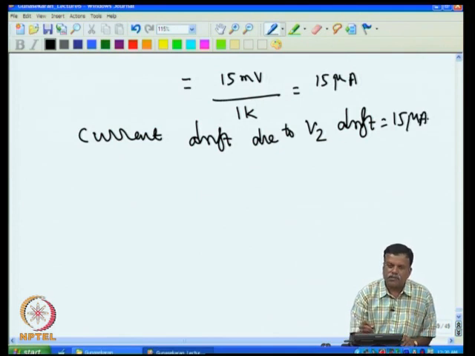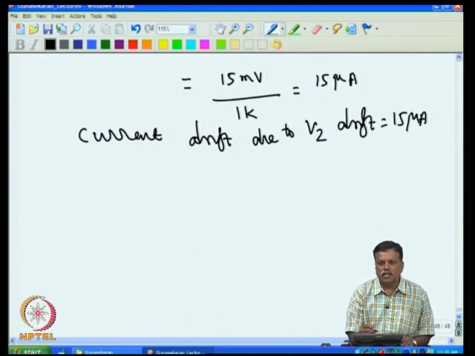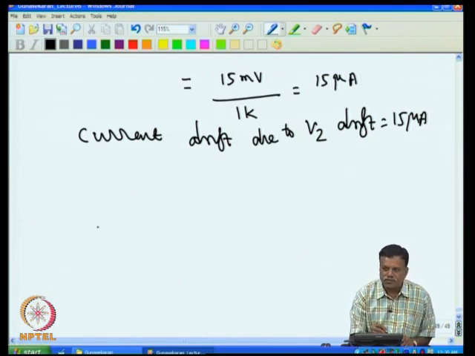So, what will be the temperature error that 15 microampere current change will give through the 100 ohm PRT? The voltage across the PRT will change because the current through the PRT is changing by 15 microampere.